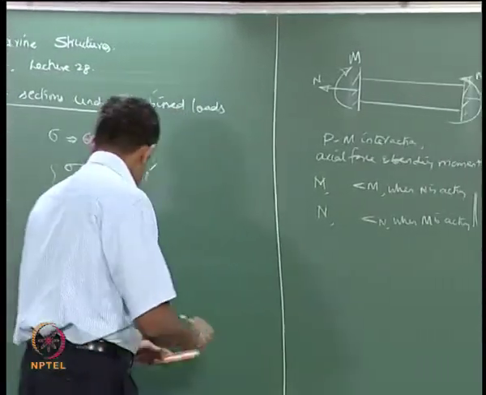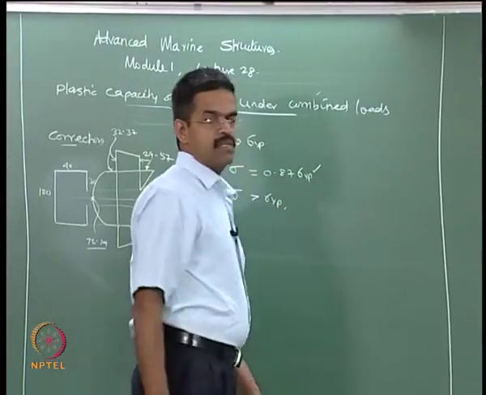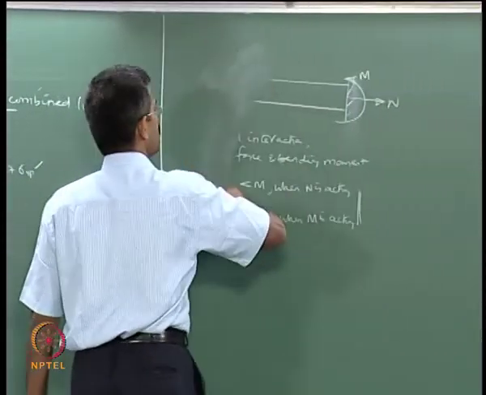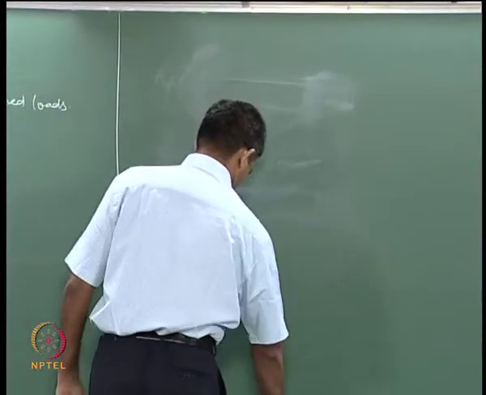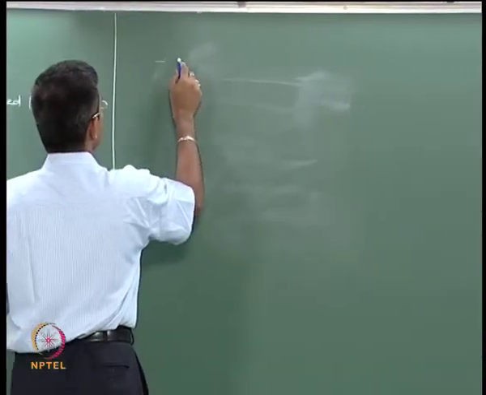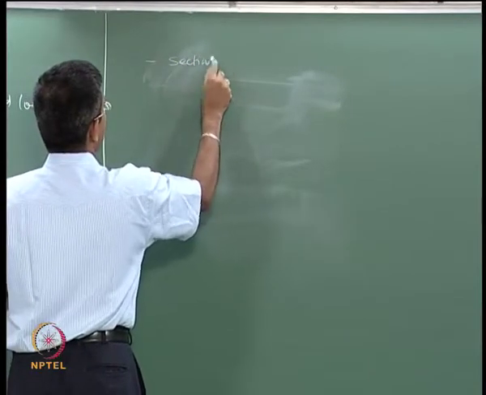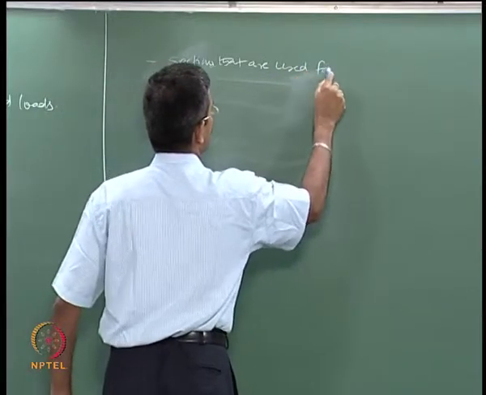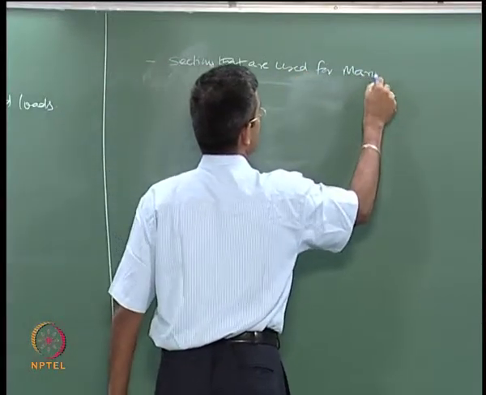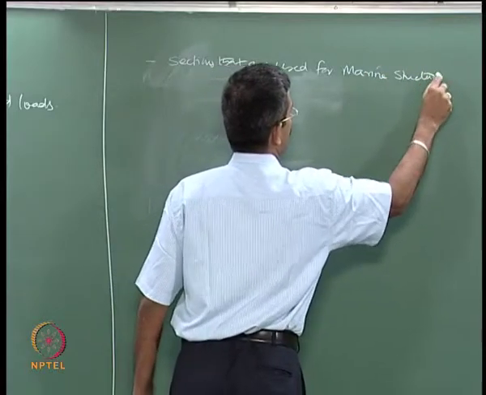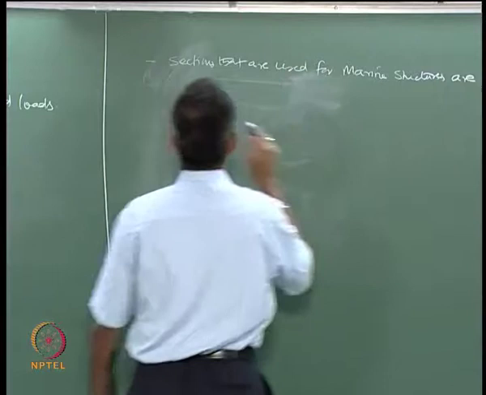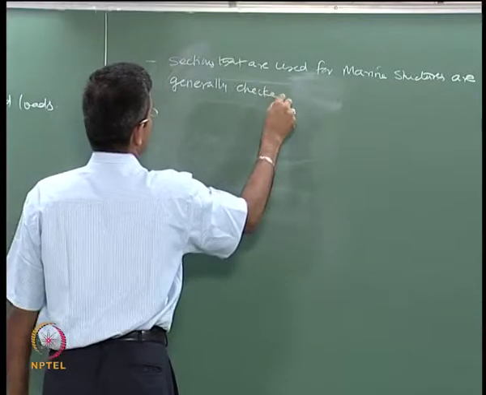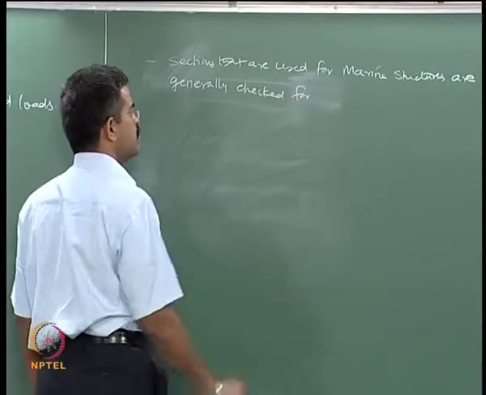Now, many members commonly used for marine structures are essentially to be checked for buckling effects. So, I should write a statement here: sections that are used for marine structures are generally checked for buckling effect.